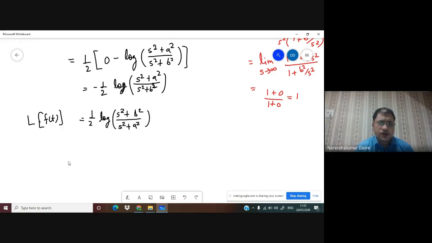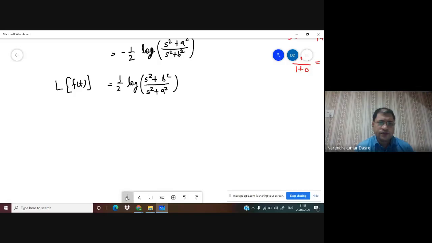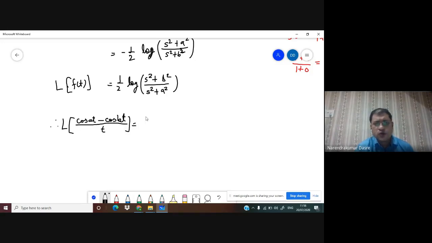So actually we were finding the Laplace transform of cos of at minus cos of bt upon t. So we got here half of log of s square plus b square upon s square plus a square.